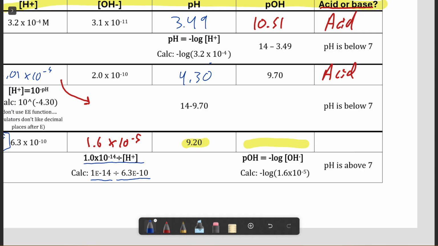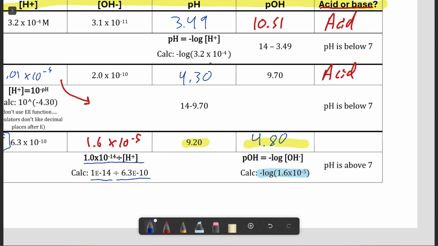You're going to enter in negative log 1.6 times 10 to the negative 5, and that's going to do the math for you. I'll give you a moment to enter that in. So you can enter in negative log 1.6e negative 5, and it should say 4.79588. You're going to round up to 4.80.